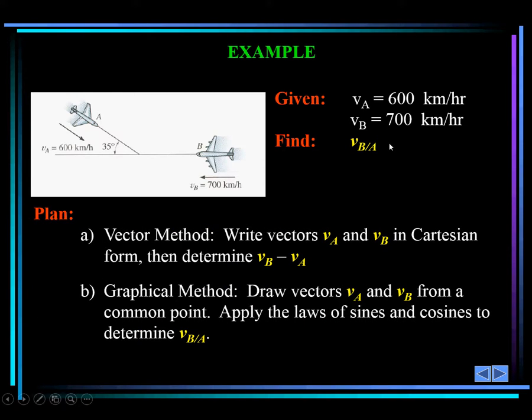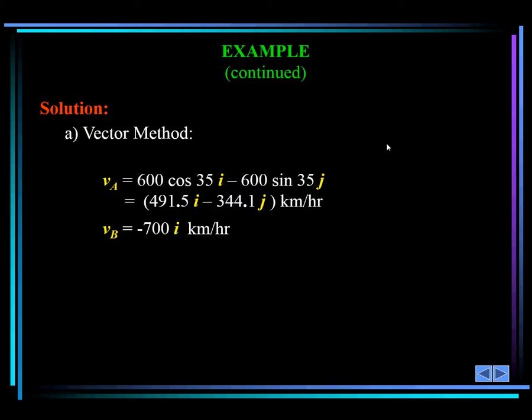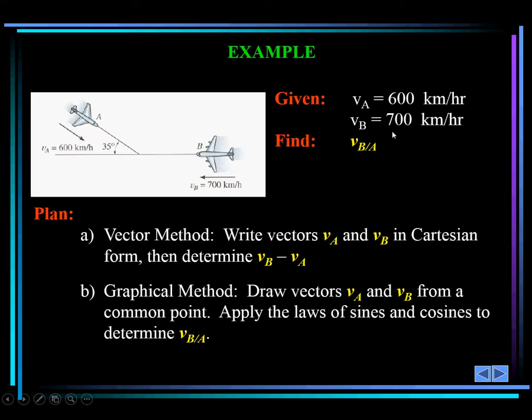We will have to write the vectors A and B in Cartesian form and then add them. With the graphical method, you draw the vectors A and B from a common point and apply the laws of sines and cosines, and of course you can get it that way also. Here's an example, the vector method. Here's 35 degrees.